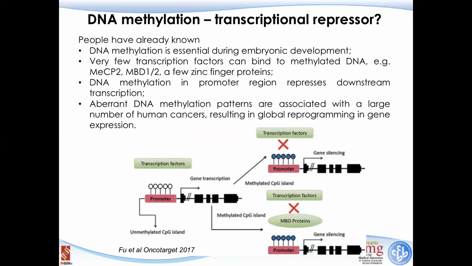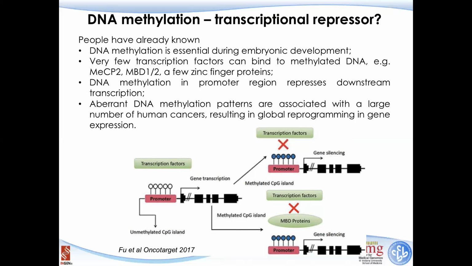But for DNA methylation, people usually know it can repress downstream gene transcription. People already know DNA methylation is essential during embryonic development, but until a few years ago, people found only very few transcription factors that bind to methylated DNA, for example MeCP2, MBD1, MBD2, or a few single proteins.